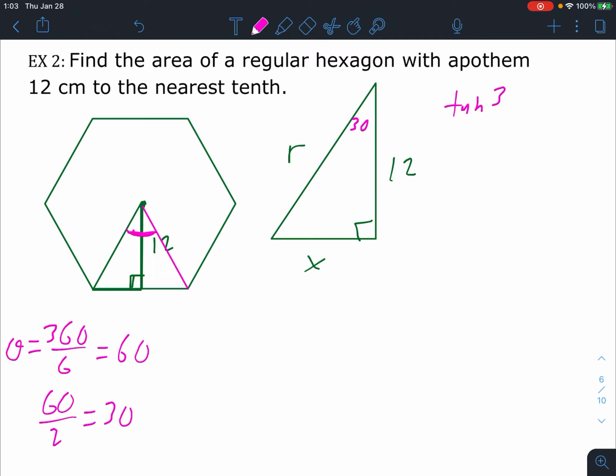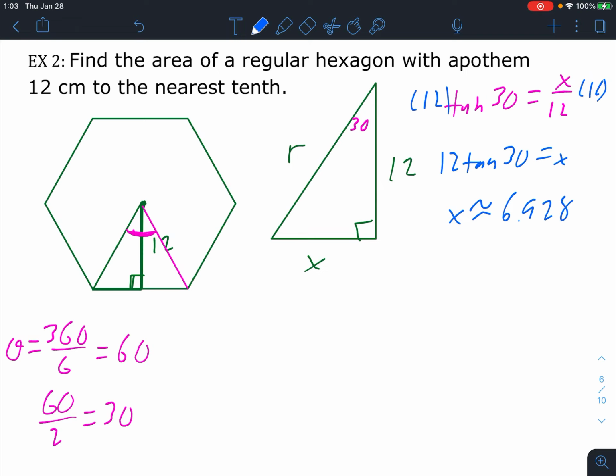Tangent of 30 equals x over 12. Multiplying both sides by 12, I get 12 tangent of 30 is equal to x. So x is approximately 6.9282. All right, now x doesn't represent anything in this problem.